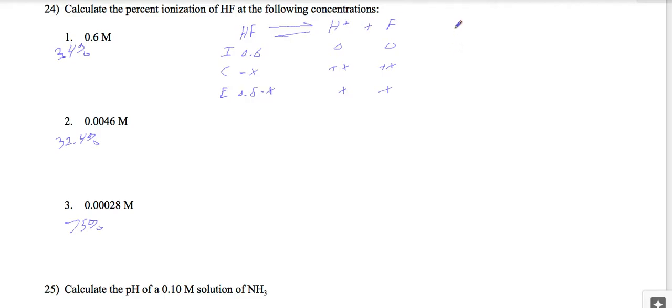So we have a Ka for this thing. Ka is 7.1 times 10 to the minus 4th. Plug that in.